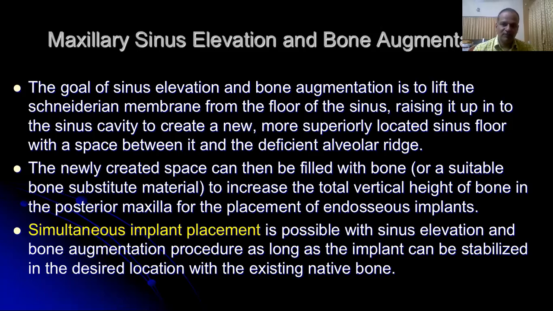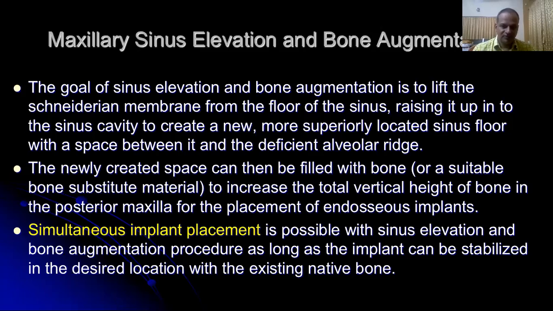But some clinicians have shown that it is possible to place the implant simultaneously with bone as little as 1 millimeter. It's more important to consider implant stability than bone height. As long as the implant can be placed with good primary stability, it can be placed simultaneously with the maxillary sinus floor elevation.